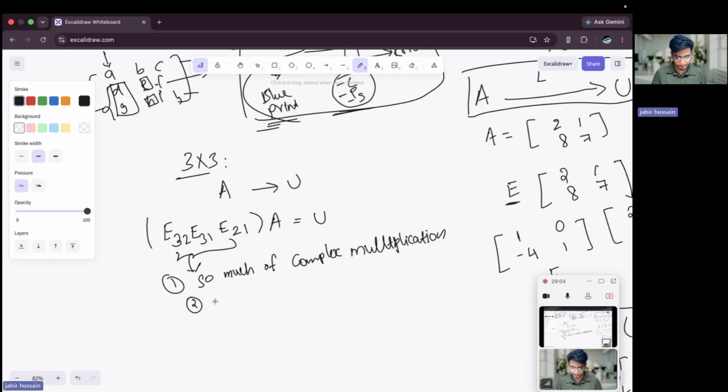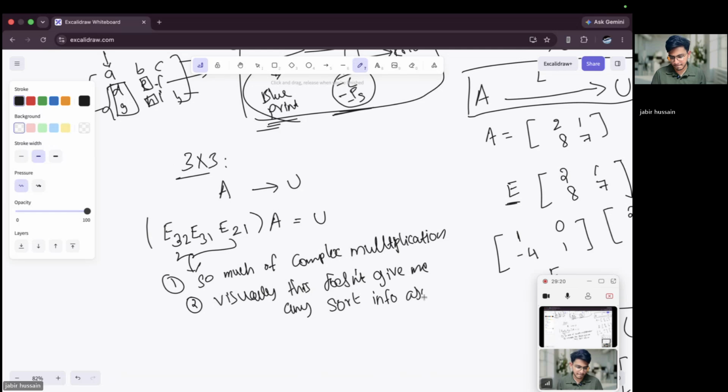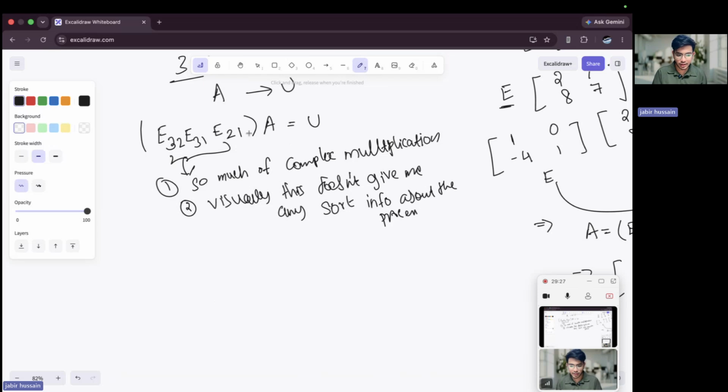And second, visually, this does not give me any sort of information about the process.